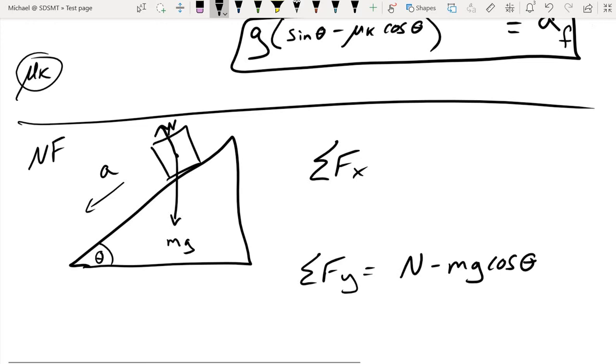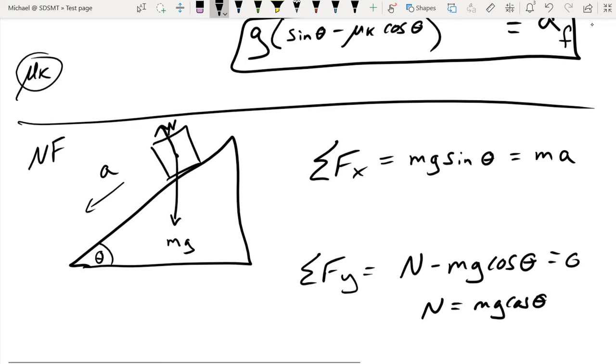in the non-friction case, I get the exact same normal force as what I got before, except now all of this is useless because up top I only have the downhill portion of gravity, which is responsible for accelerating the pig.